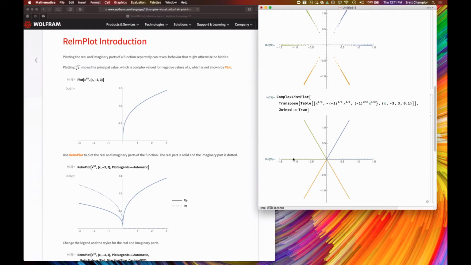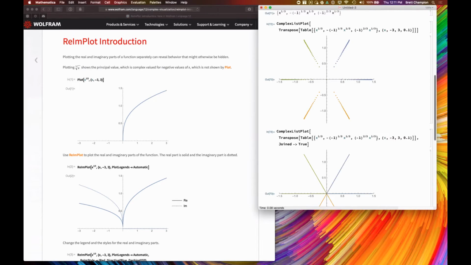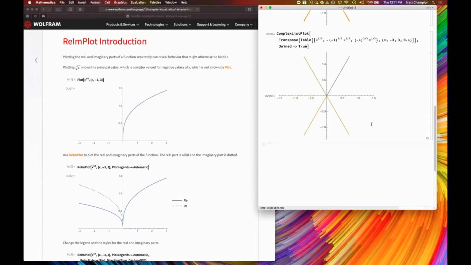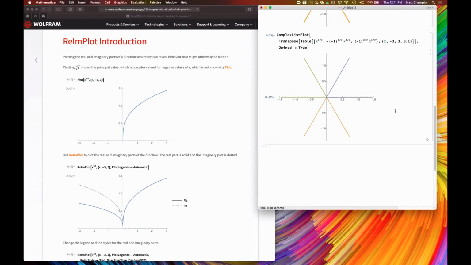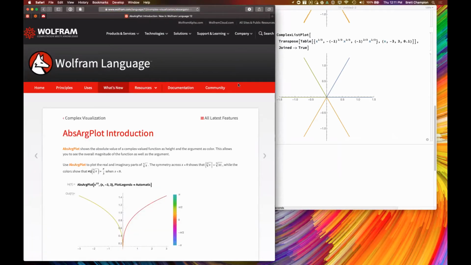And then this one is the other half of our cube root plot. And so it's just interesting to see how that goes. And the fact that these go off in constant angles is going to be relevant for the next section where we're looking at AbsArgPlot.